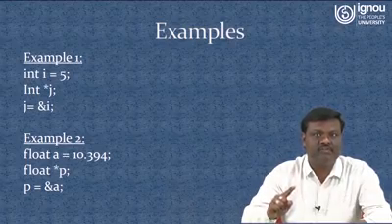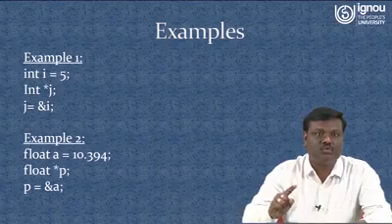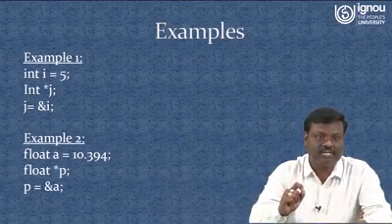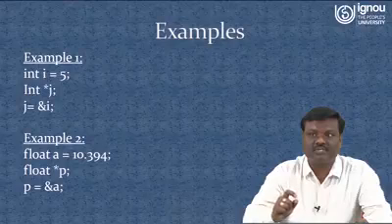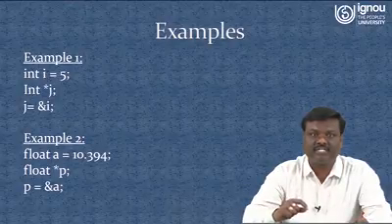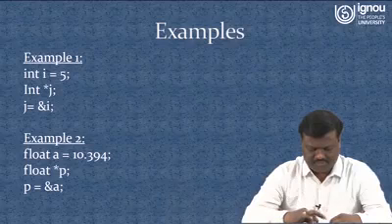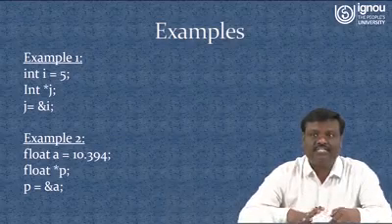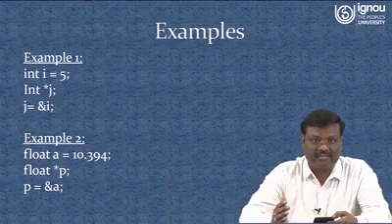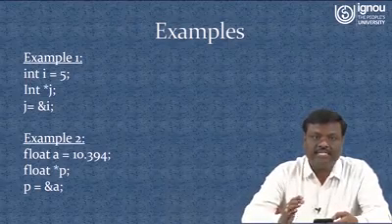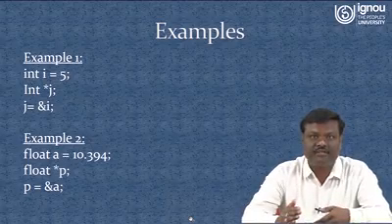To store the address of i in j, we write j equals ampersand i. So you can see here that j is storing the address of i.